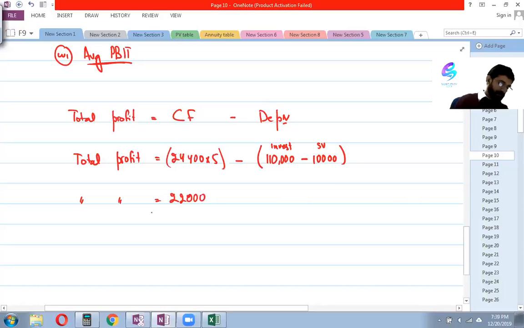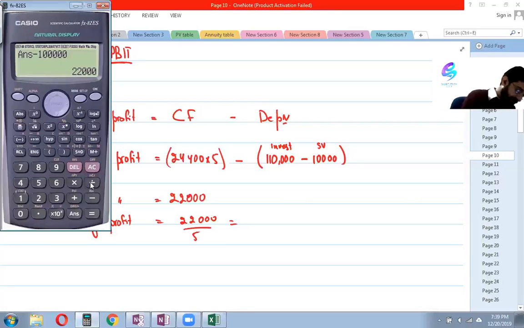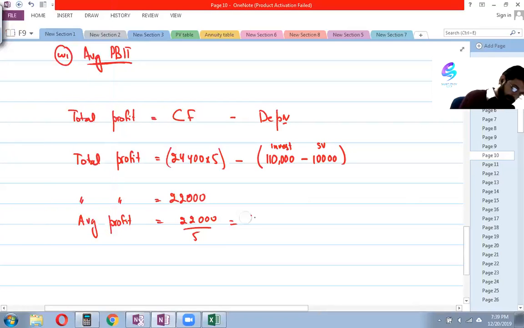Yes, the total profit is 22,000. And now we have to calculate average profit. Average profit will be your total profit divided by the number of years, and there are 5 years. So the average profit will be 4,400.